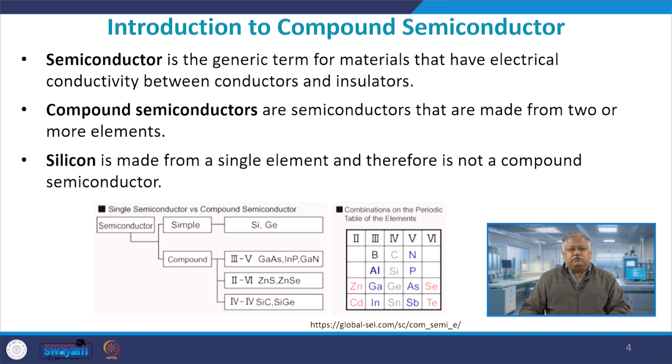So, let me first of all distinguish between compound semiconductor and silicon. A semiconductor, as we know, is a generic term for a material whose conductivity lies between a conductor and an insulator. So, that is what is written in the first block of my slide. Now, silicon, you are all aware of, is an intrinsic, monoatomic semiconductor. Silicon is made up of what we define as catenation, where each silicon atom is bonded with 4 nearby silicon atoms.